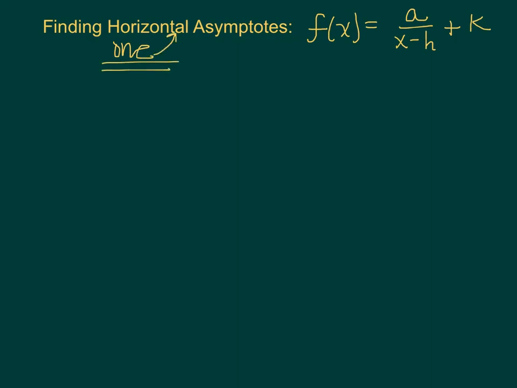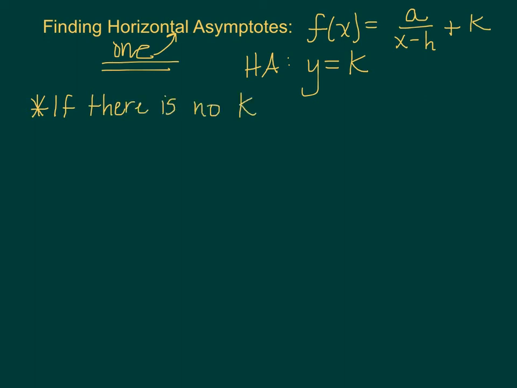Now, if it's in this form, your horizontal asymptote, I'm going to call it HA, would be y equals k, because it's a horizontal line. But if there is no k, then we have to check for three things.